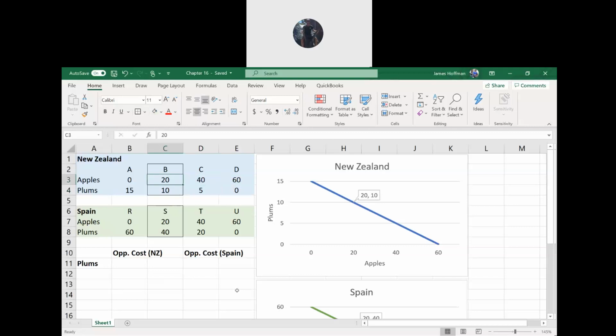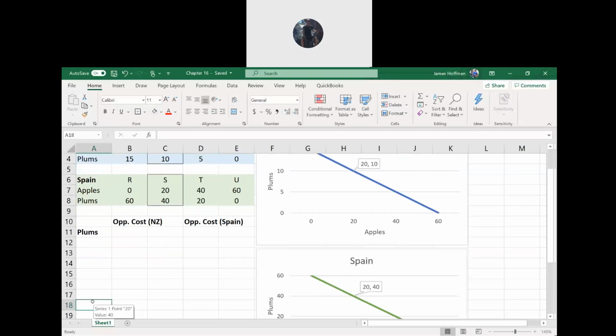All right, so that's the trade-off. So 5 plums equals minus 20 apples.